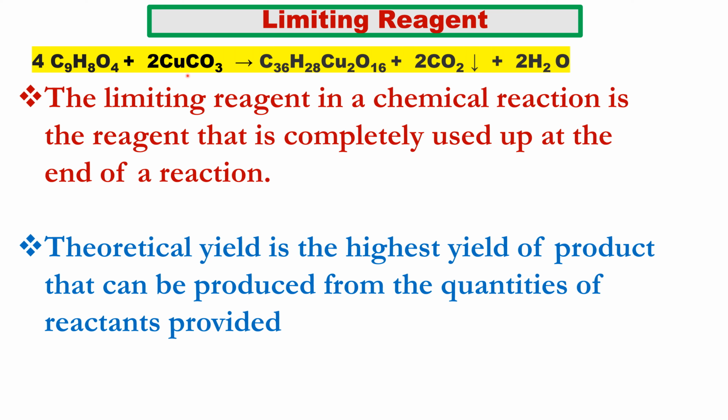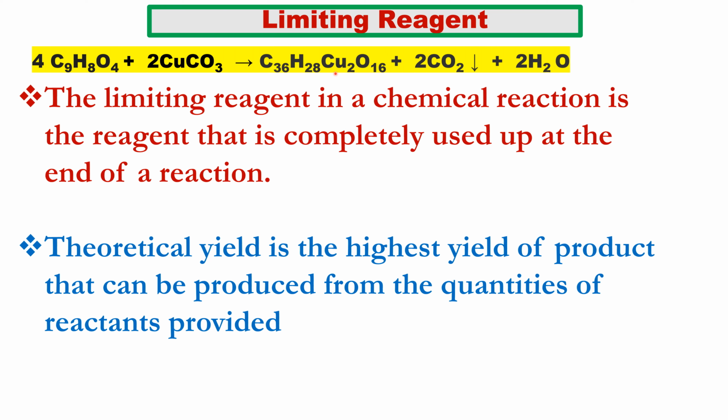So this limiting reagent, copper-2 carbonate, determines the number of moles of copper-2 asprinate, which is the product. It determines the number of moles of this product that is produced.